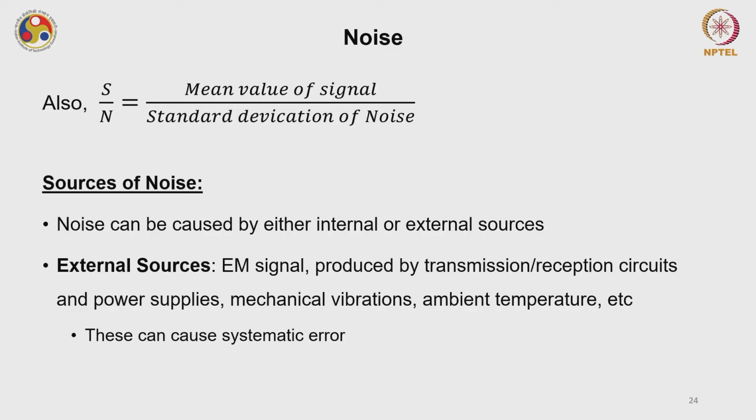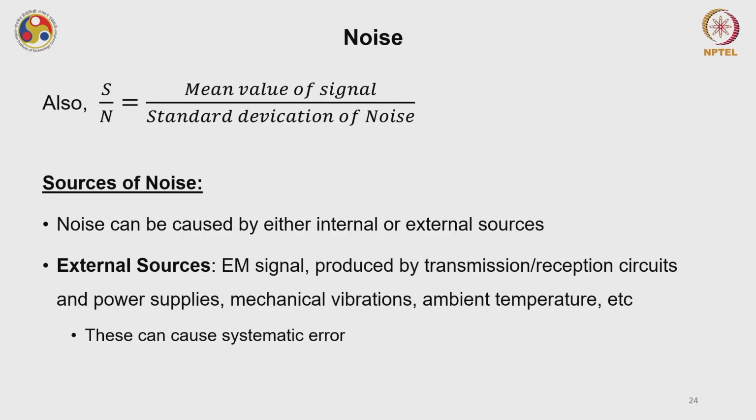Sources of the noise are very crucial to know for better operation of these devices. Noise can be caused by both the external ambient or internally generated sources. External sources of noise can be electromagnetic signals produced by some other big instrument kept in the lab next to my sensing measurement setup.